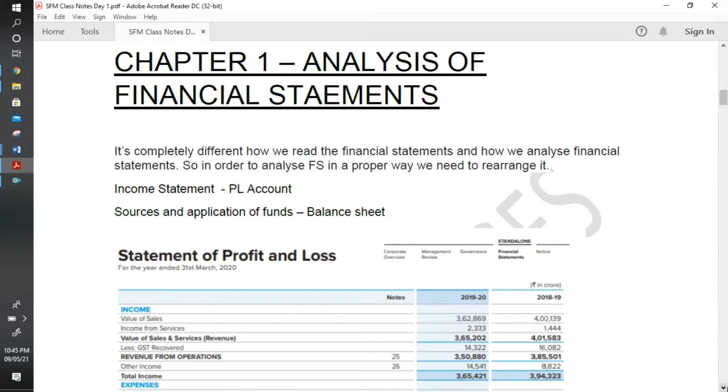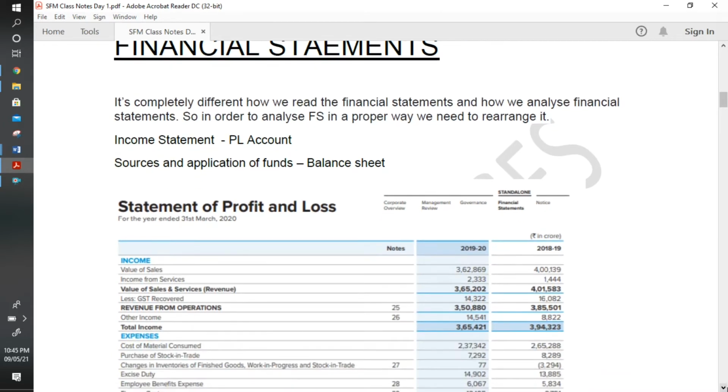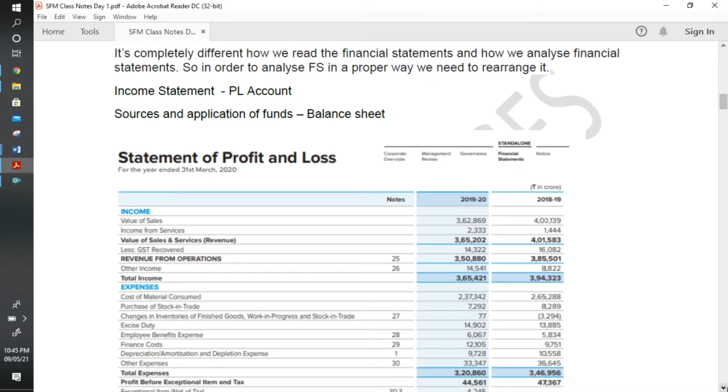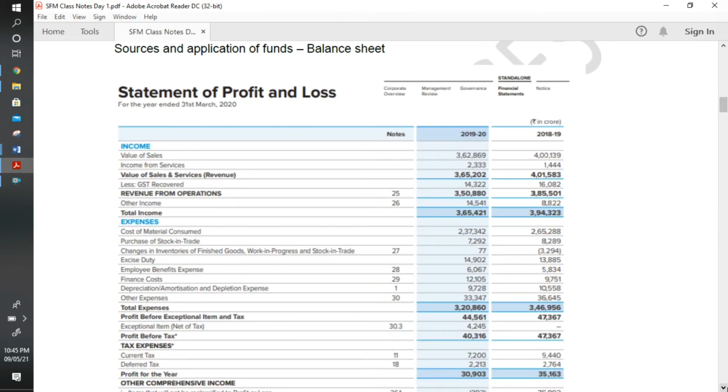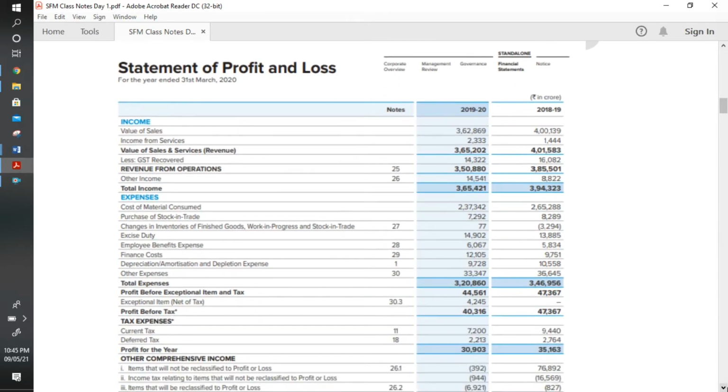that will be the regular format of the P&L account. If you see, it will be in the format of income minus expenditure, which includes cost of goods sold, operating expenses, administrative expenses, sales and overhead expenditure, everything is deducted.